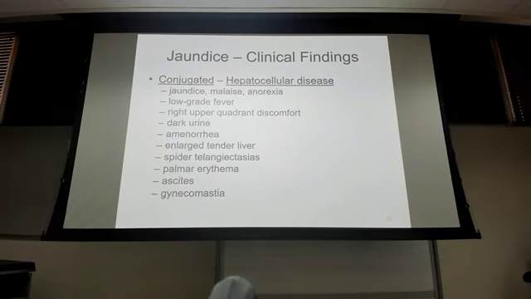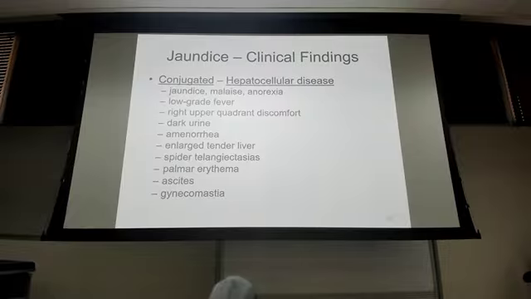So for conjugated hepatocellular, liver cells proper, those clinical findings, you're going to have some systemic signs and symptoms starting to show up because you have a hepatocellular proper cause of the jaundice.